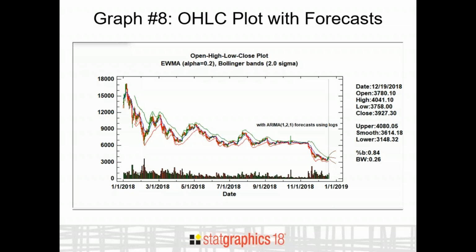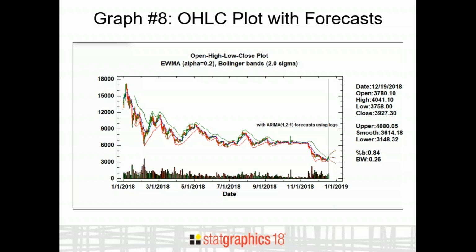Now, what I've done in Statgraphics is, in addition to the open-high-low-close plot, I've also put that data through the automatic forecasting procedure. The automatic forecasting procedure in Statgraphics fits a lot of different forecast models and picks the one that does the best job in forecasting observed behavior.